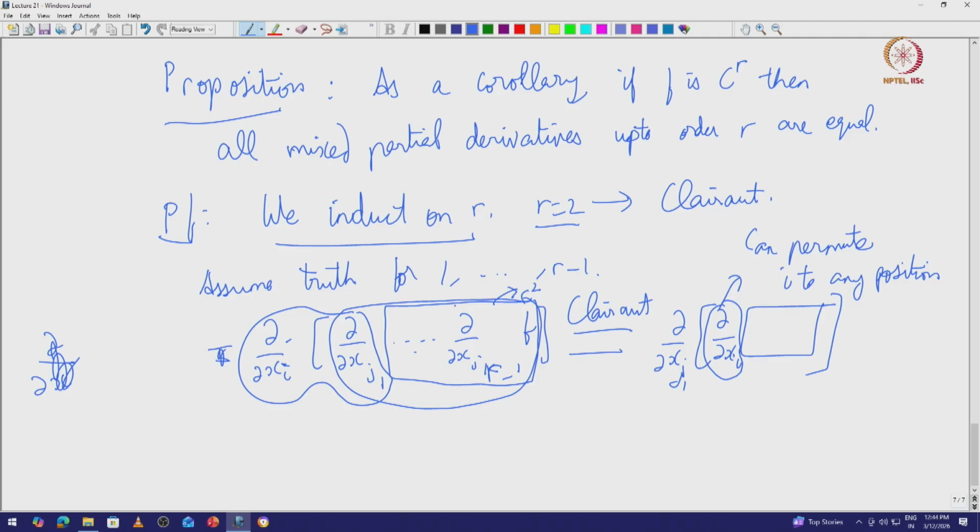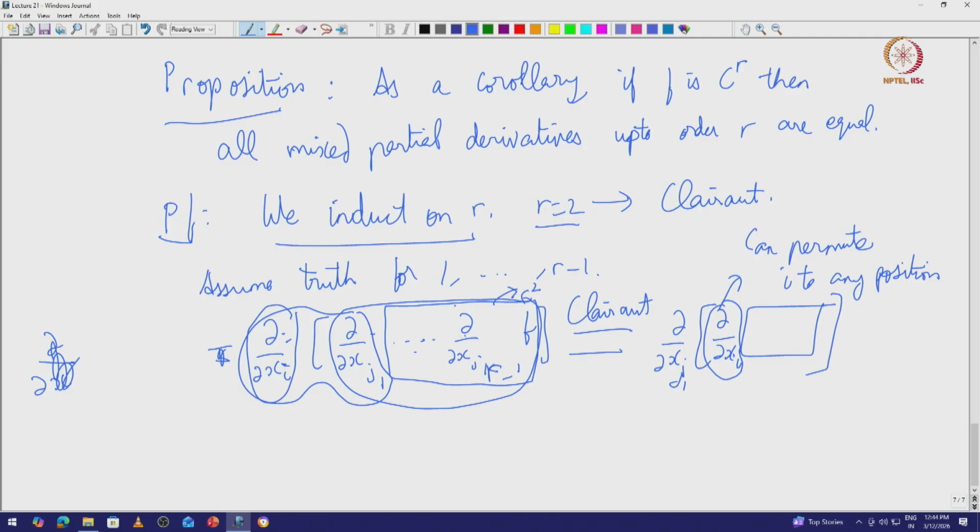So far, we have proven that this particular thing can be permuted to any position that we want. I claim that is good enough to prove what we want. Why is that good enough?